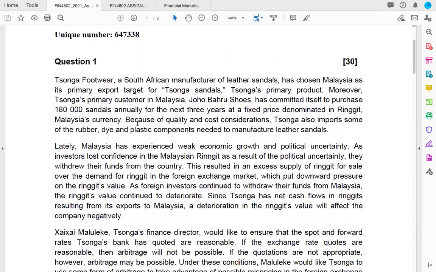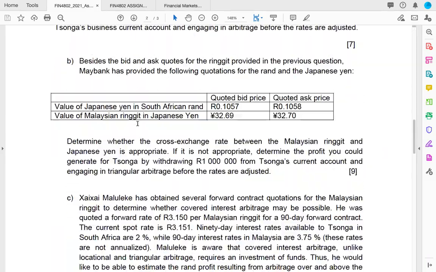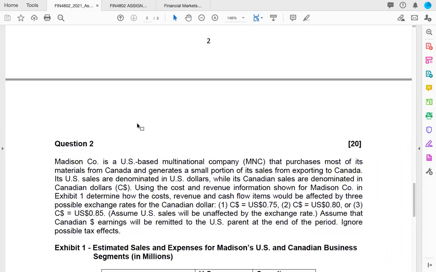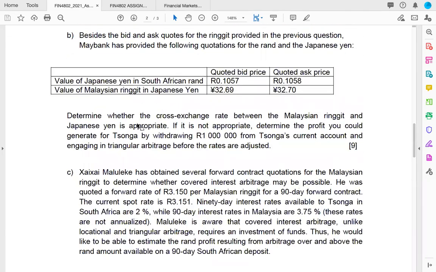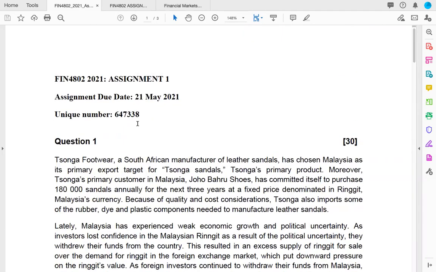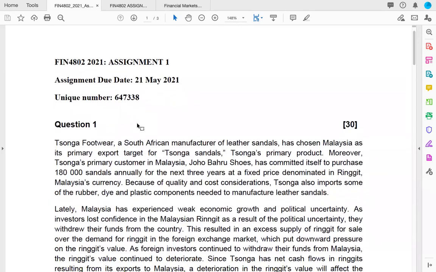Right, so the assignment has two questions, one question with 20 marks and another question with 30 marks.